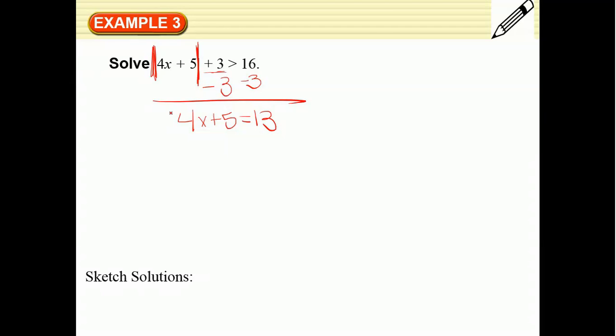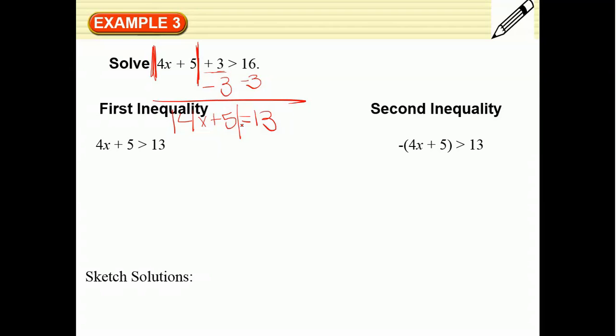Now what I can do is make my two problems. So I got 4x plus 5 is greater than 13, and negative 4x plus 5 is greater than 13. It's greater than. There we go. Now let's solve here. So I'm going to subtract 5. Get 4x is greater than 8.